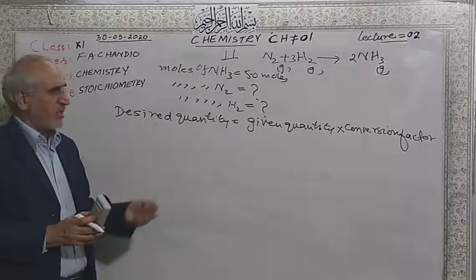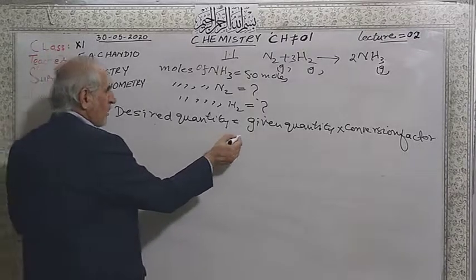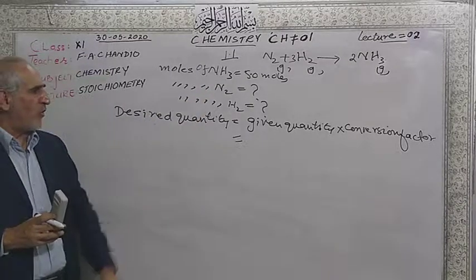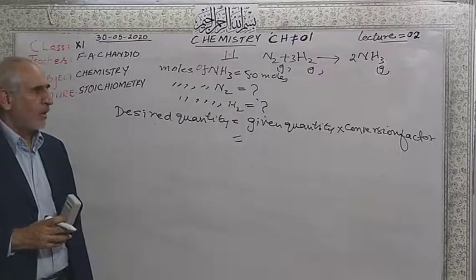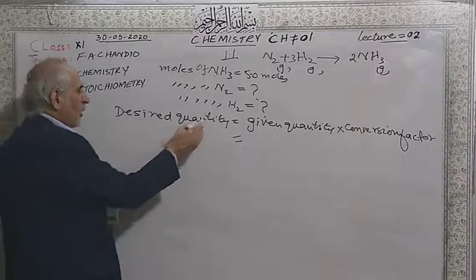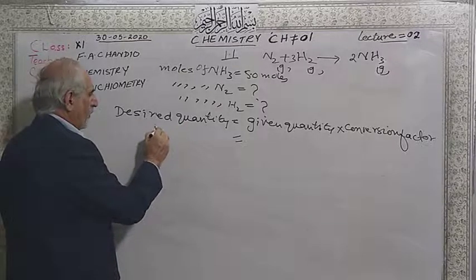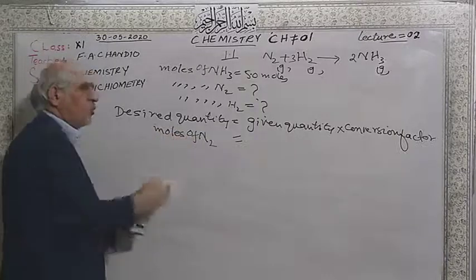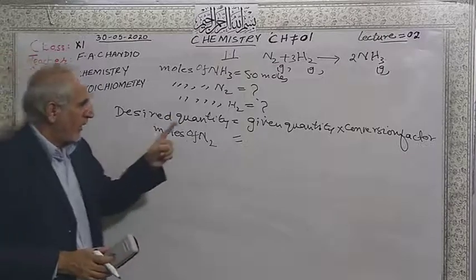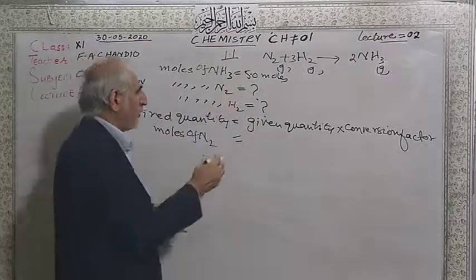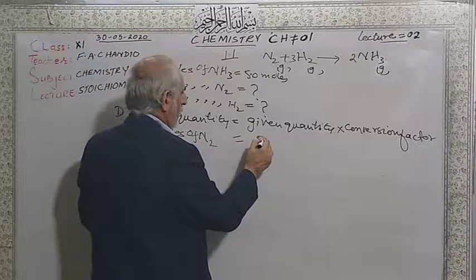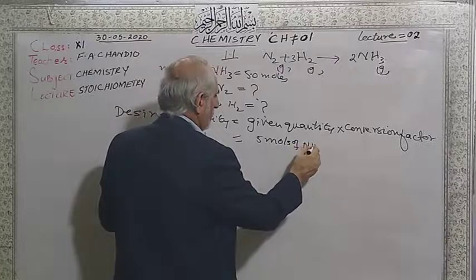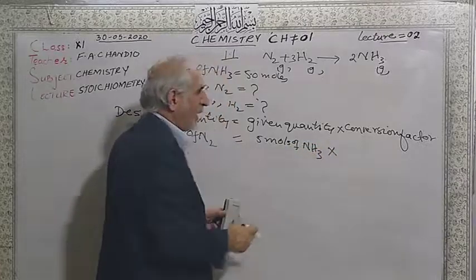Already I explained it in the previous example. So dear students, desired quantity means the number of moles of nitrogen. You want to calculate moles of nitrogen. Given quantity is 5 moles of ammonia. Multiply by the conversion factor.